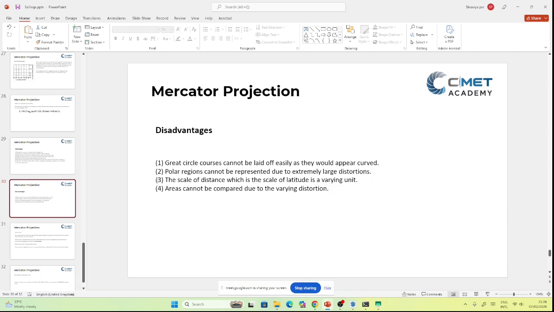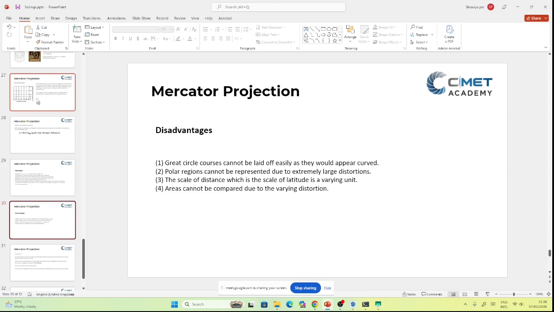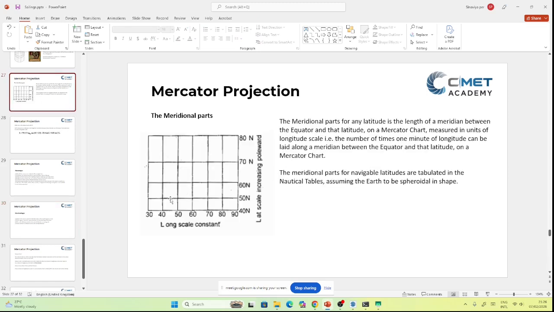But you have to understand this third point very clearly, because when you are doing chart work, this matters. When you are measuring a distance on the chart, this matters. Now assume that you have a waypoint between here and here.